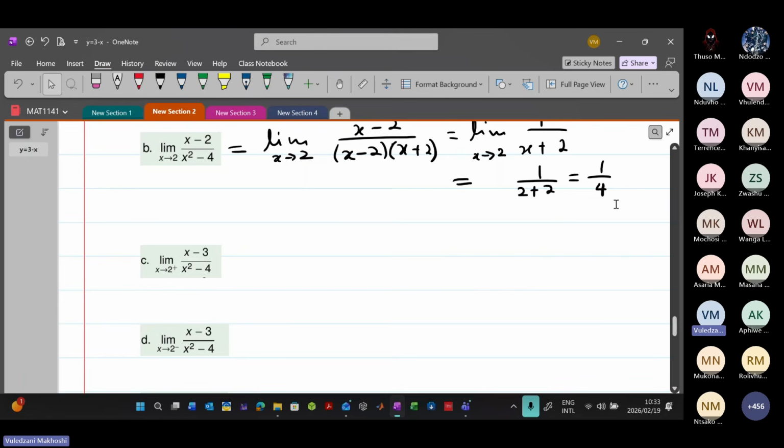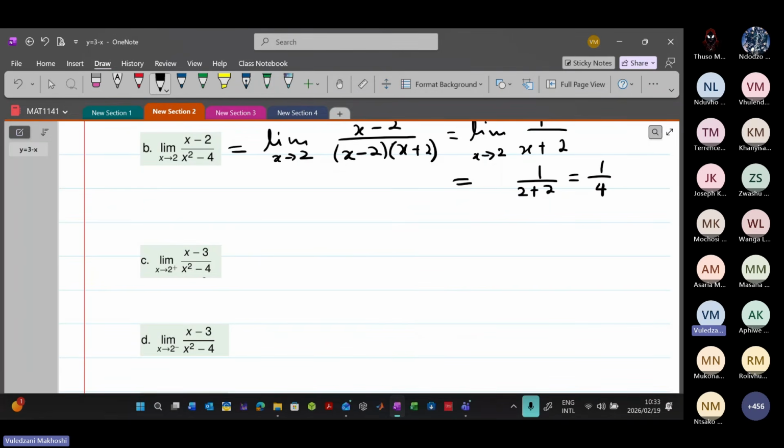Now, let us look at number C. We are talking of the limit of x minus 3 over x squared minus 4 when x is approaching 2 from the right.